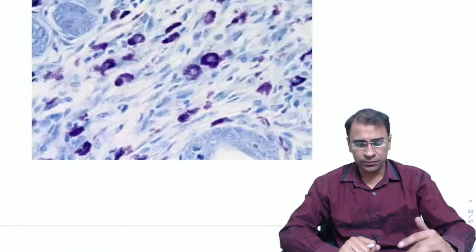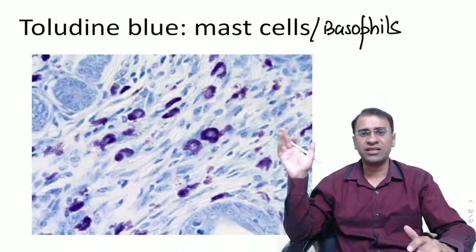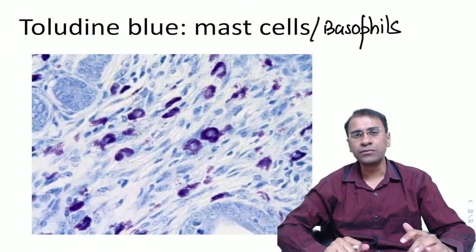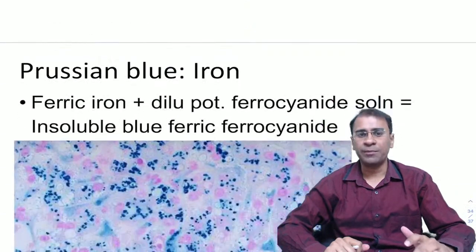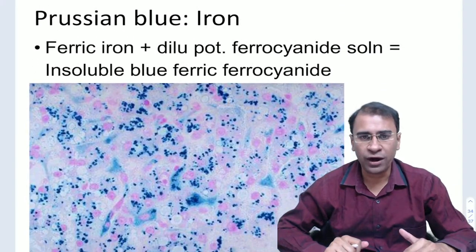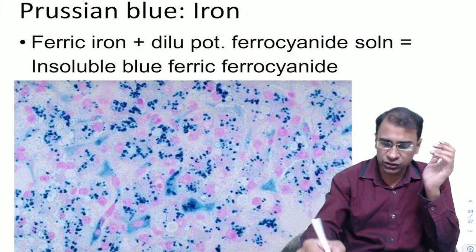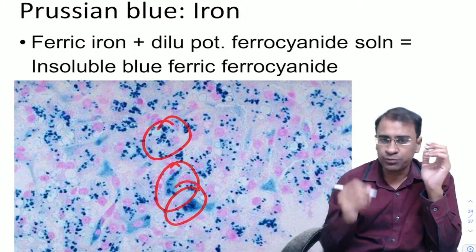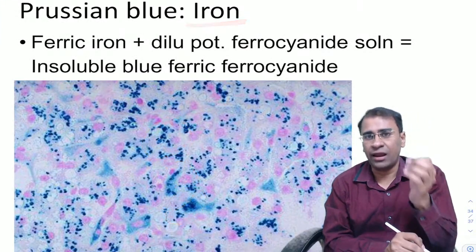Let's now move to toluidine blue and Congo red. These are the stains for basophils and amyloid respectively. Let's talk about the minerals now. Prussian blue. You can't forget this. You can't go to the exam without reading about this. These blue areas prove the area has iron, and which iron? Ferric iron.